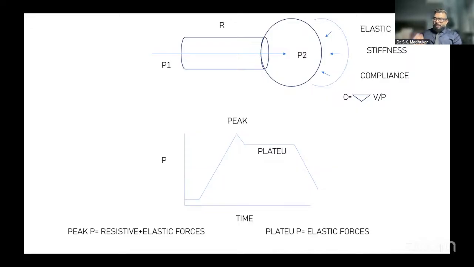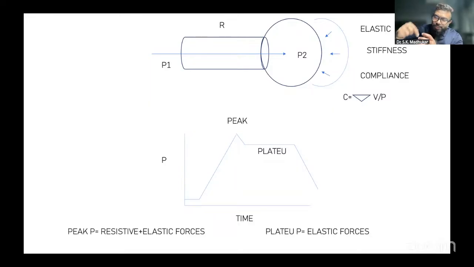Now, plateau pressure. Plateau pressure is when there is no flow into the lung. So what does this pressure do? When there is no flow into the lung, at the end of inspiration, the alveoli need to be distended, and the pressure required to distend the alveolus is against the stiffness or elastic recoil of the lung.